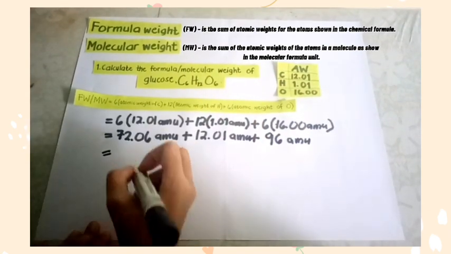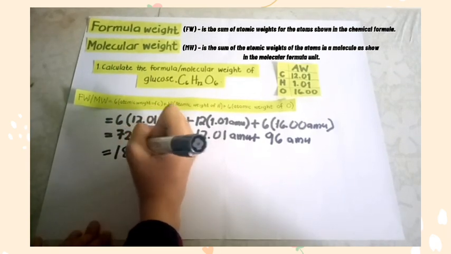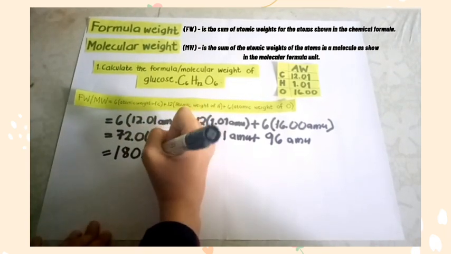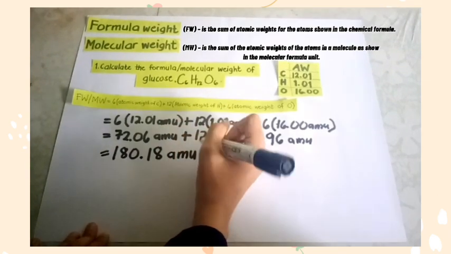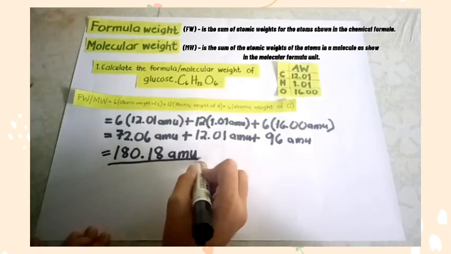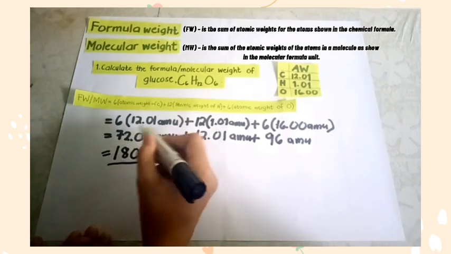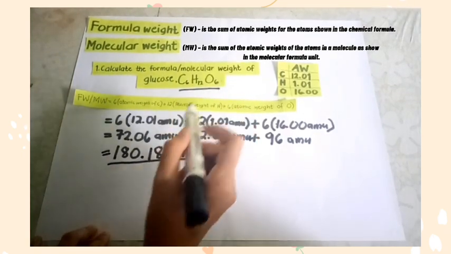If we add these, we will get 180.18 atomic mass units. So this is the formula or molecular weight of our glucose.